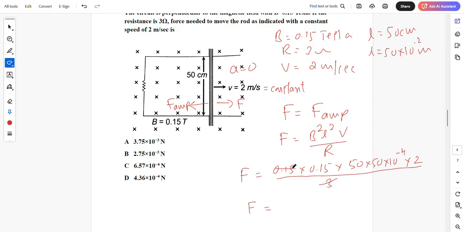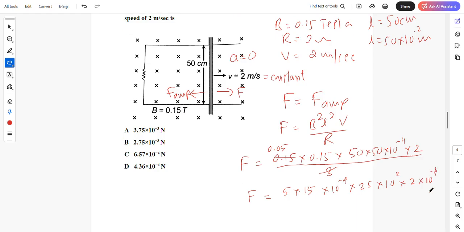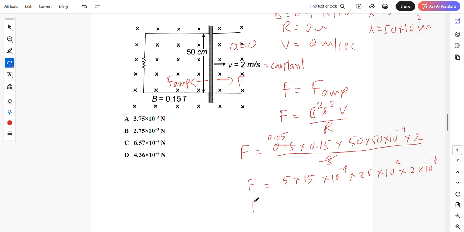Now we can just simplify. I can write this as 15 into 10 to the minus 2, into 15 into 10 to the minus 2, into 25 into 10 to the power of 2, into 2 into 10 to the minus 4, which gives 50 into 5 into 10 to the minus 8.